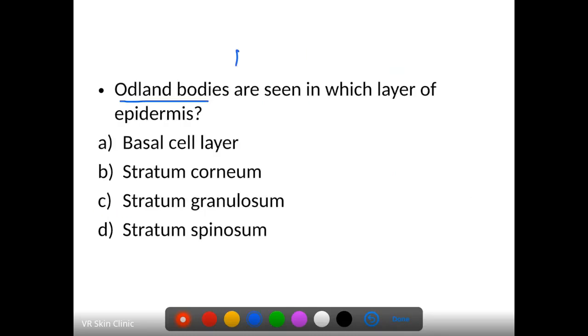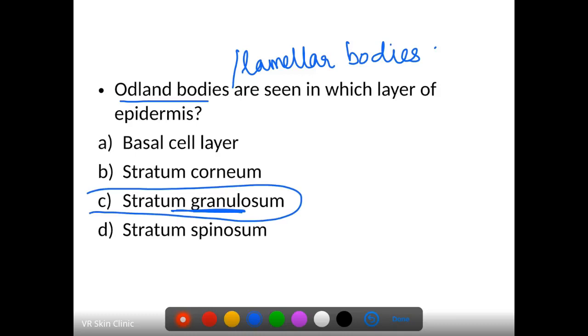Odland bodies, as we have studied, are also called lamellar bodies. They are seen in which layer? They have lamellar granules, so they are in the granular layer, stratum granulosum. So in this layer we also see keratohyalin granules.